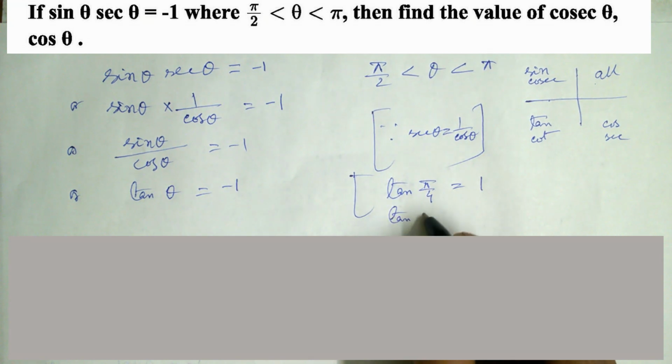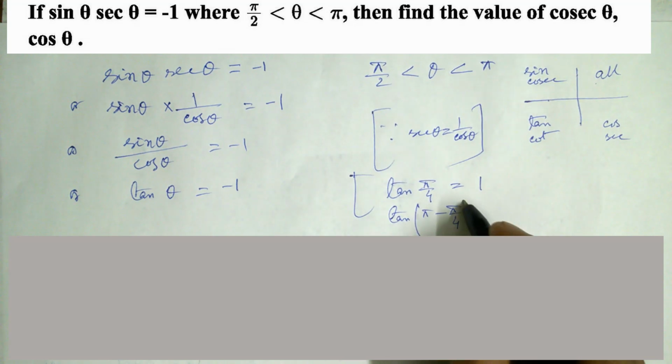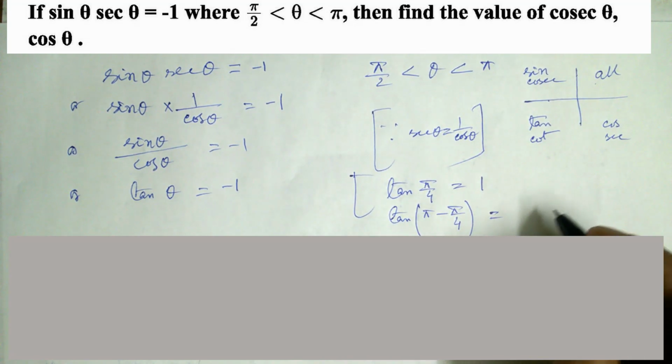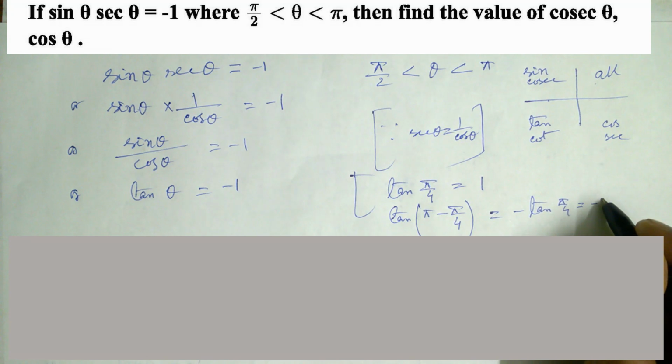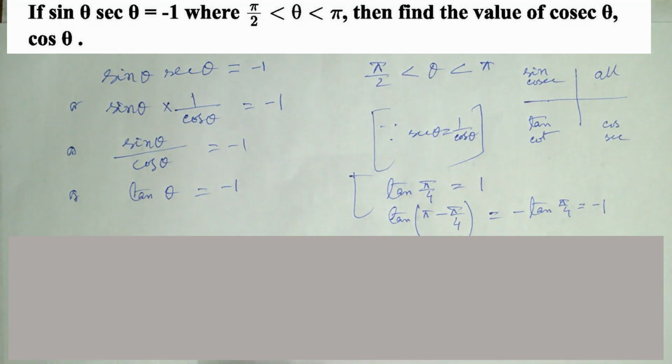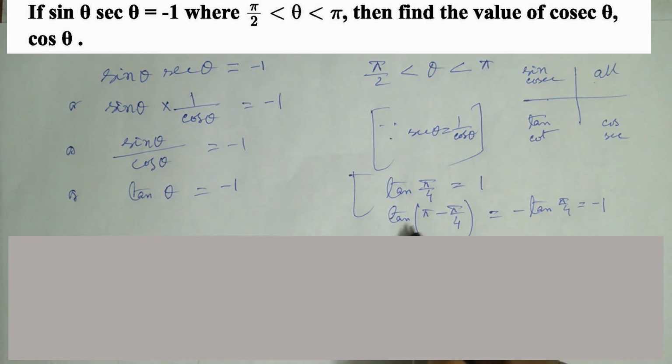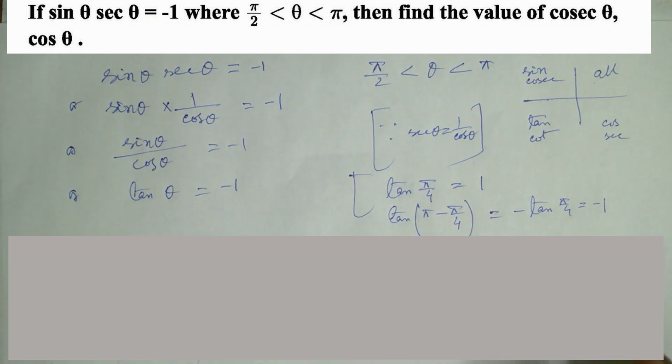Tan of pi minus pi by 4 is equal to minus of tan pi by 4, that is equal to -1. These are the formulas from associative angle formula or allied angle formula.